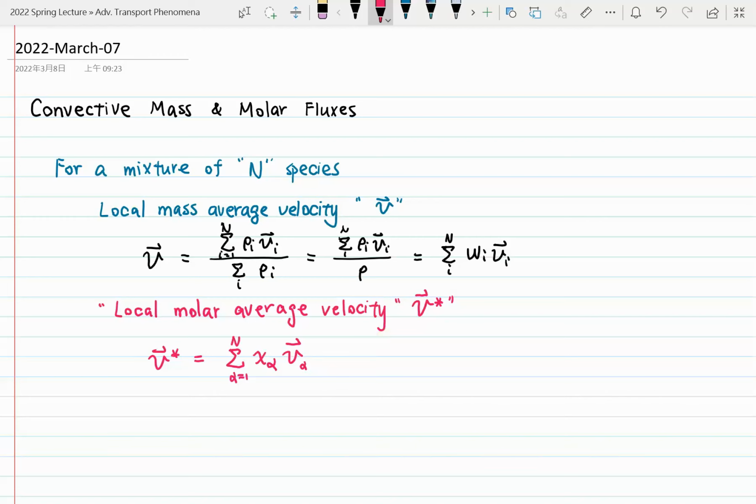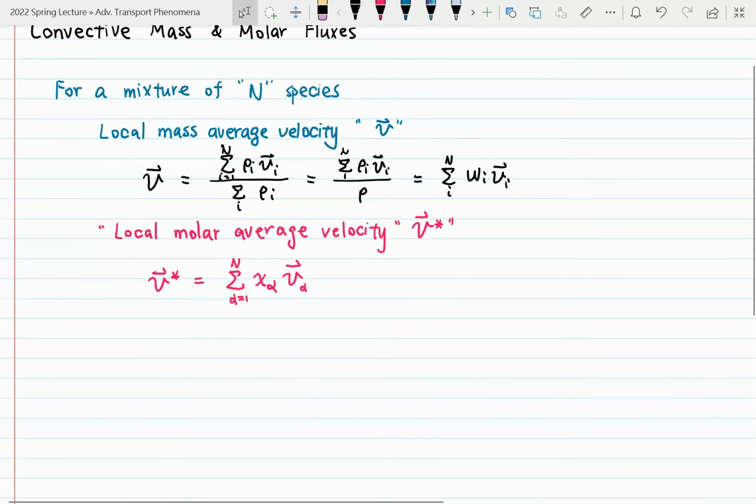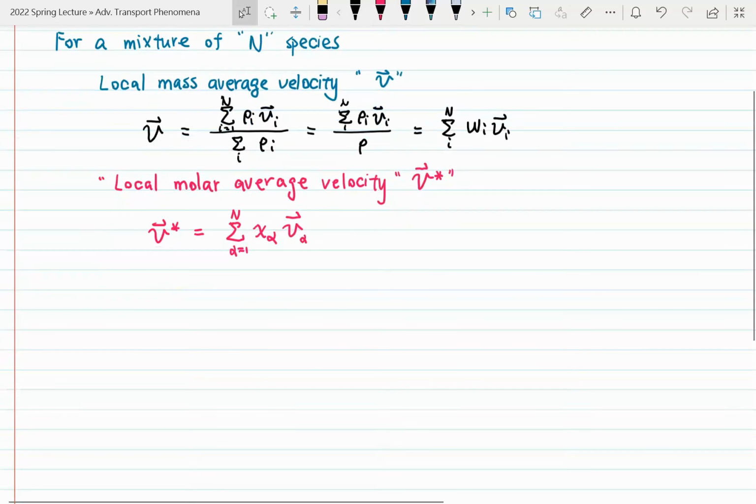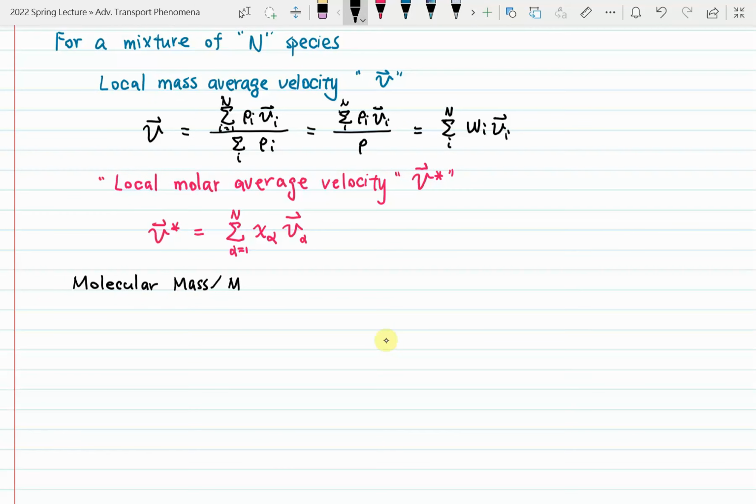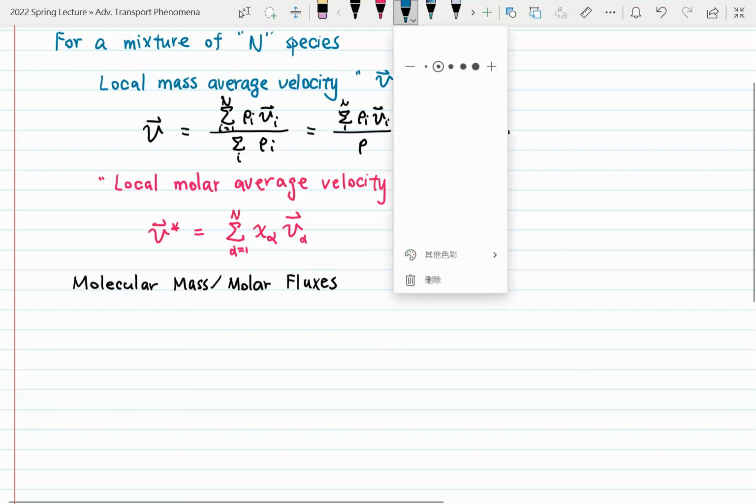Okay. If we review the diffusion part, which is mass transfer or transport by molecular mechanisms, let's see how it relates to what we're looking at here. If we look at the molecular mass or molar flux, we have a definition right here.